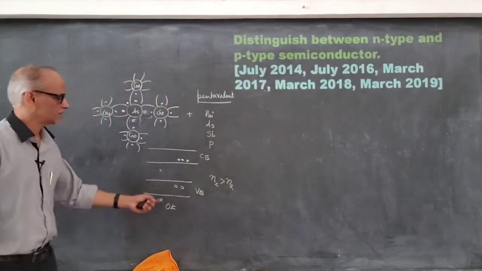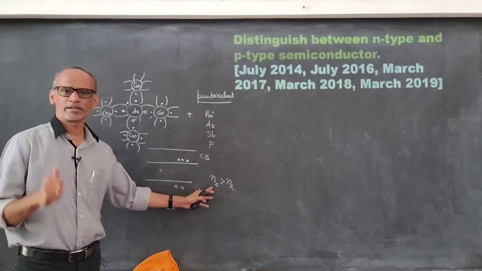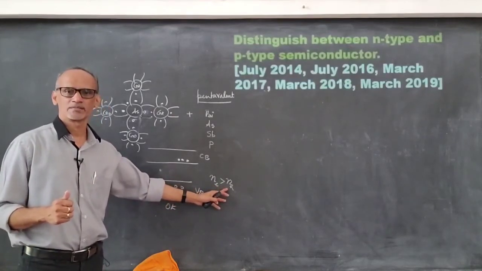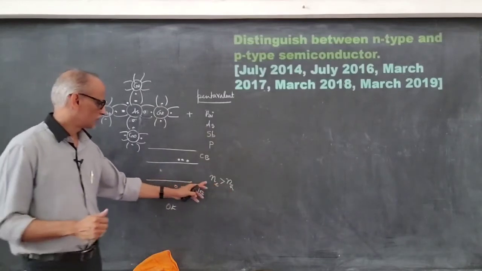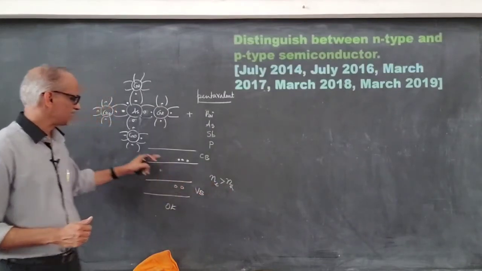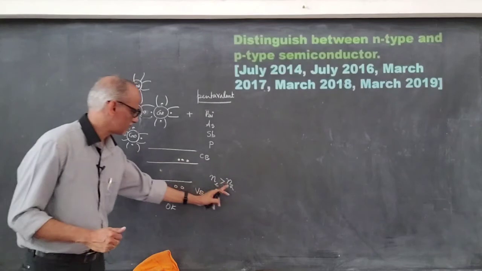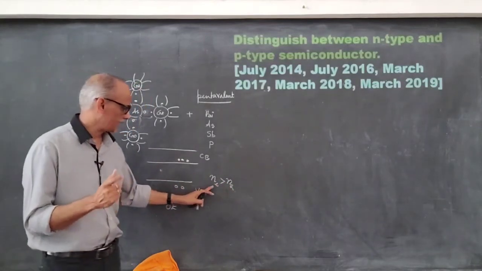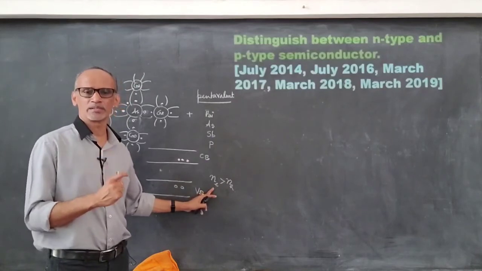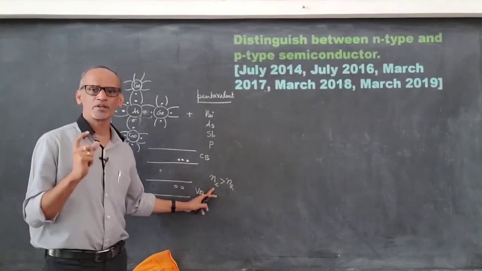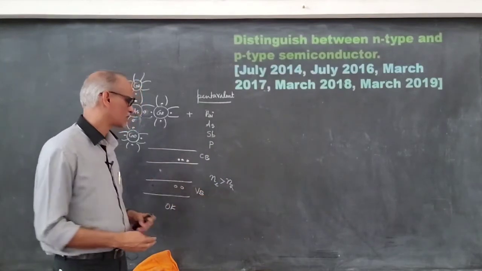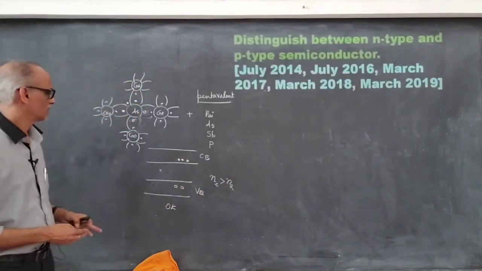So electrons are majority charge carriers and holes are minority charge carriers. Majority charge carriers are available in the conduction band, and the holes are available in the valence band. Conductivity is mainly due to electrons because they are more in number. It's not only due to electrons, it's mainly due to electrons, because the holes also contribute to the conductivity.